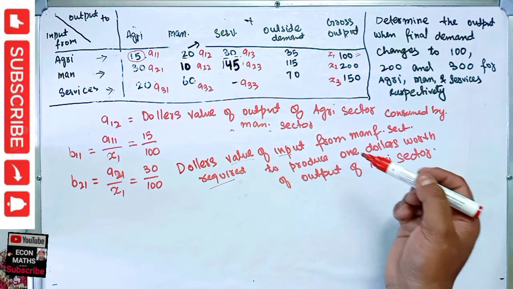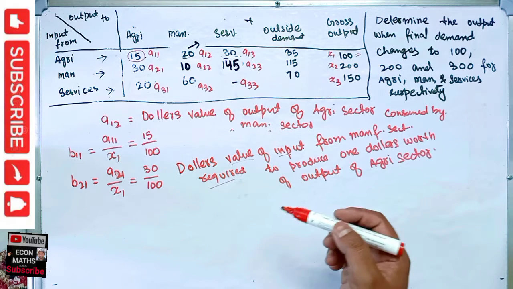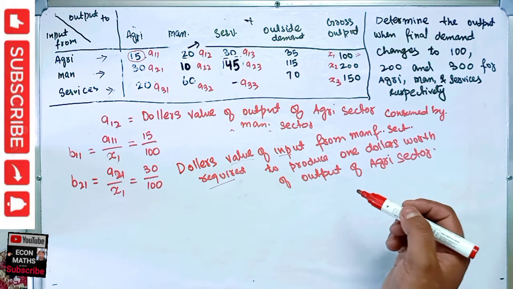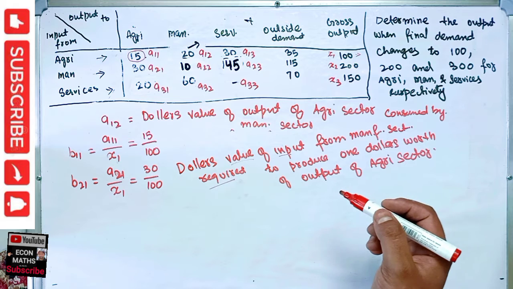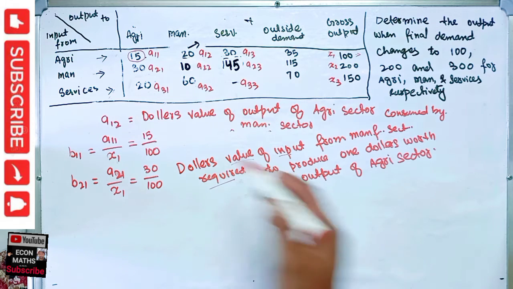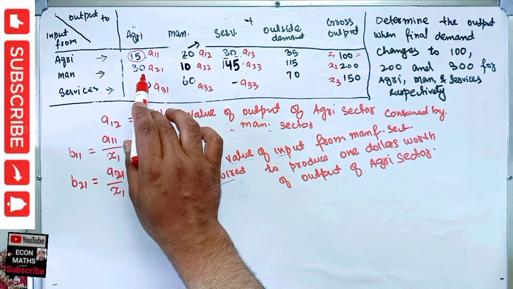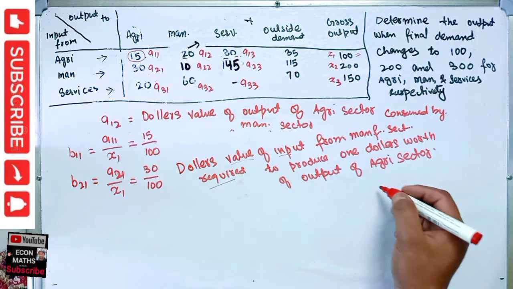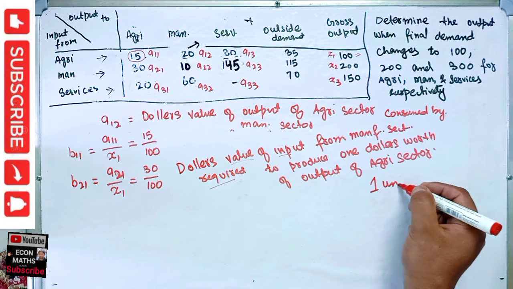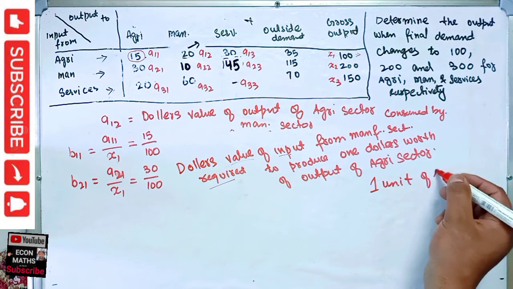Okay, it simply tells how much output from the manufacturing sector is used in 1 unit of the agriculture sector.